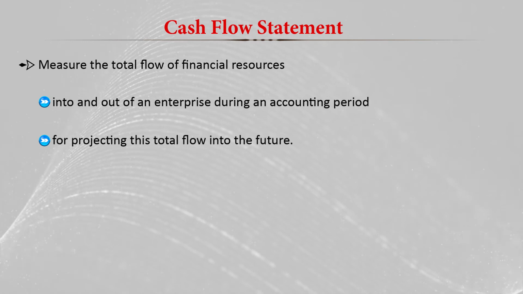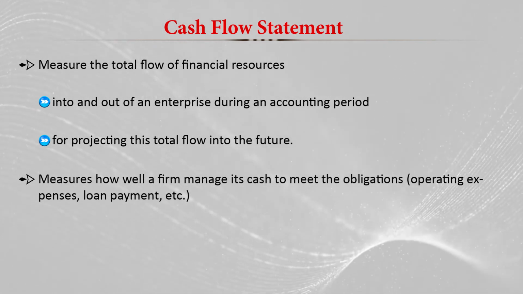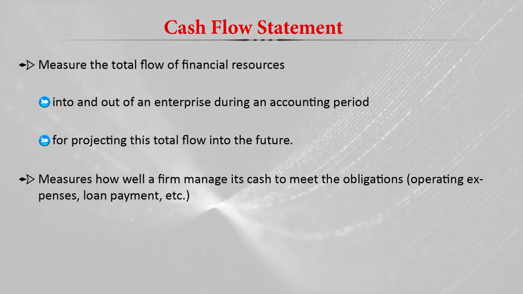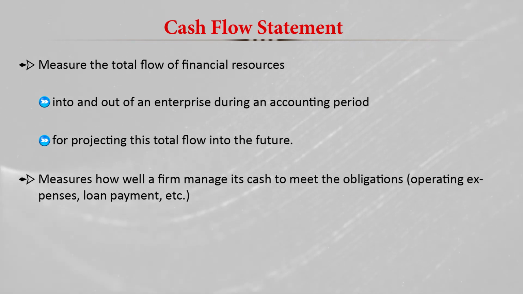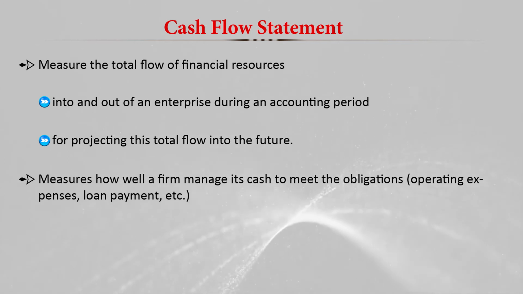It measures how well a firm manages its cash to meet its obligations. Like we have different obligations we actually have to meet, such as operating expenses and loan payments. All this meeting of cash obligations is presented in the cash flow statement.